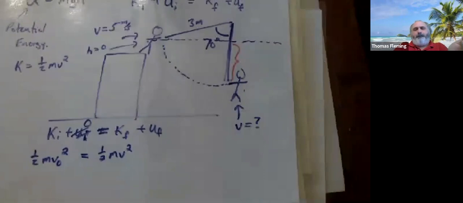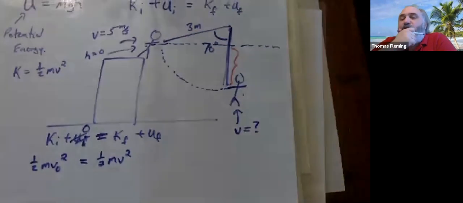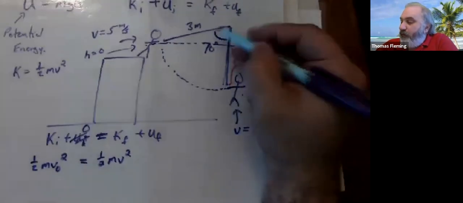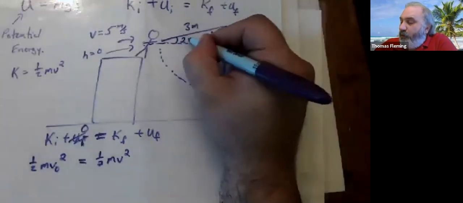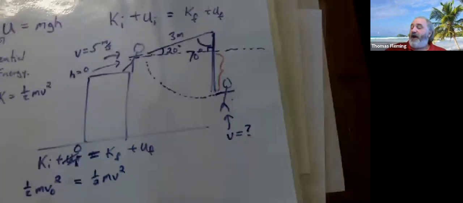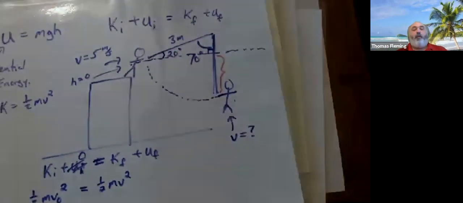Well, in order for me to do that, let's figure out other lengths. And the fact that I've got this nifty little right triangle here is kind of a clue. So if this is a 70-degree angle, this angle right here is a 20-degree angle, this angle right here is a 90-degree angle, and I know that this length here, the length of his web, is 3 meters.